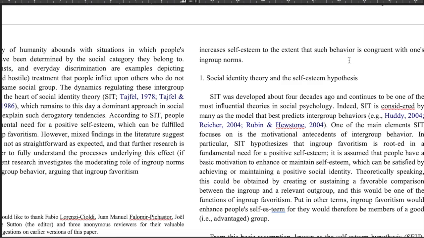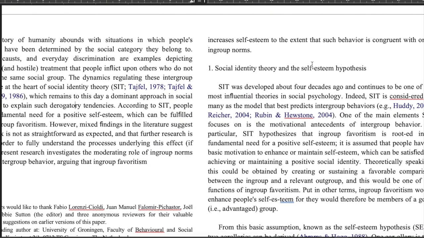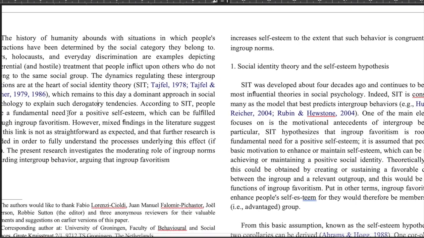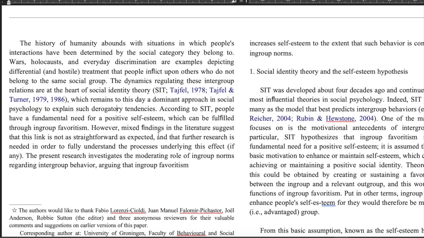So essentially, he's already discussing the hypothesis. What is only missing here is a brief summary of the gist of the argumentation. But all in all, in this very short paragraph, the author has already allowed the reader to get a glimpse of what the entire paper is about.